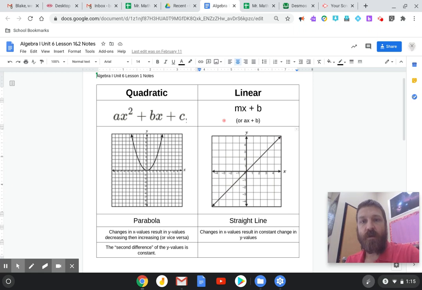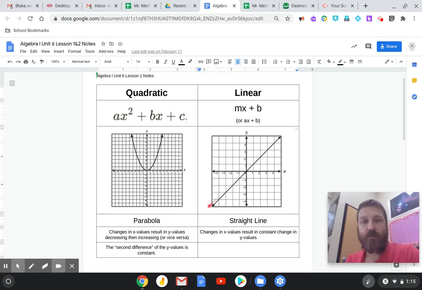Usually you see a y there, so y equals mx plus b, but the basic structure of the equation is mx plus b. There's just an x, and it doesn't have an exponent or a power. And m and b are constants, some number, 3 or 8 or whatever. The other way it could be written is ax plus b, just so you're aware.